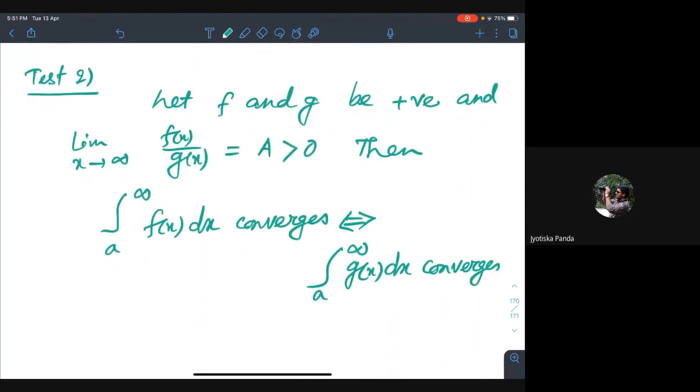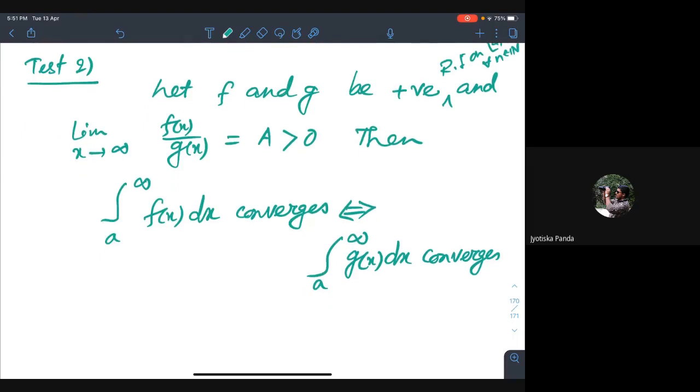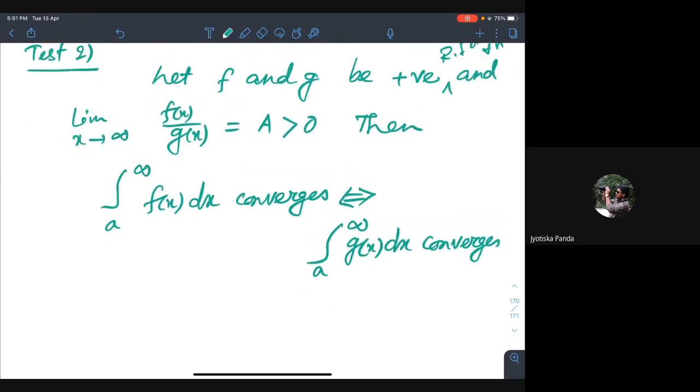We are not going to go into the proof, but this will be useful.